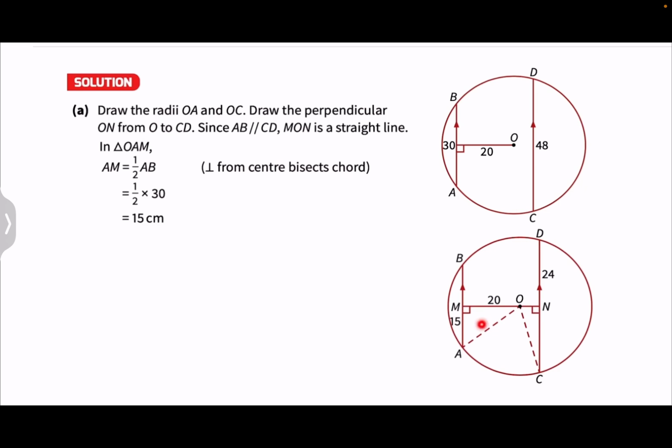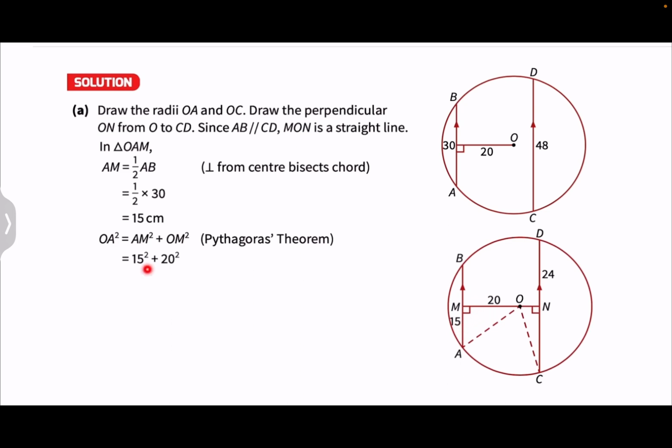So in triangle OAM, we have the lengths of two sides of the triangle. We can use the Pythagoras theorem to find the length of OA, which is the hypotenuse. So OA squared will be equal to the sum of squares of the other two sides, AM squared plus OM squared. So AM is 15, OM is 20.